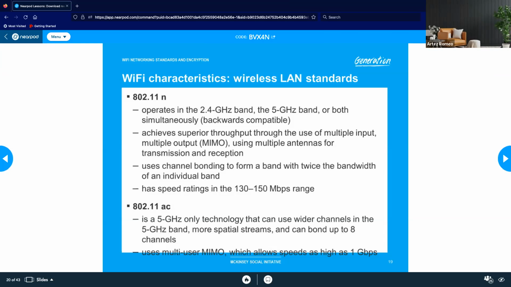Yep, all three. And if I'm not mistaken, in theory, I think it's like 40 gigabits per second. So pretty crazy the speed that you can get on that one. So 2.4, 5 gigahertz, and 6. This is also known as Wi-Fi 6.